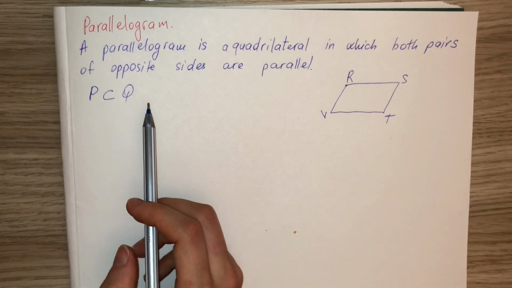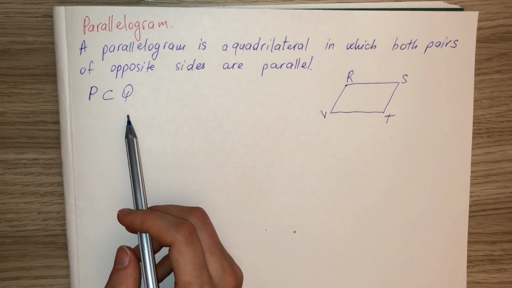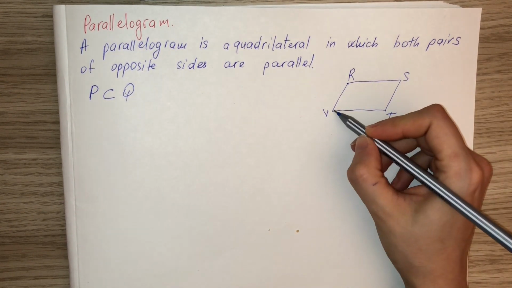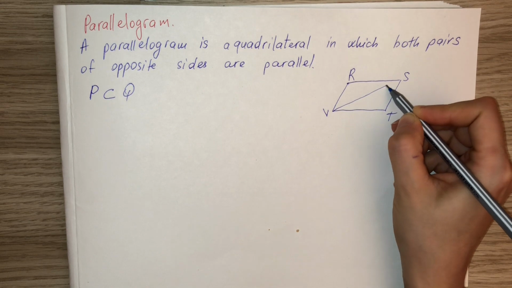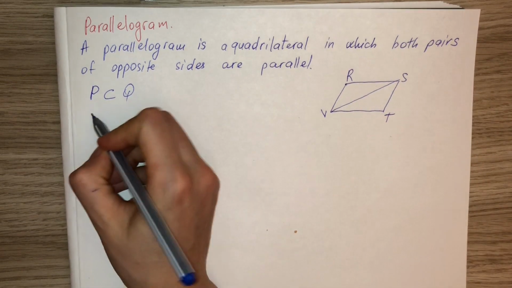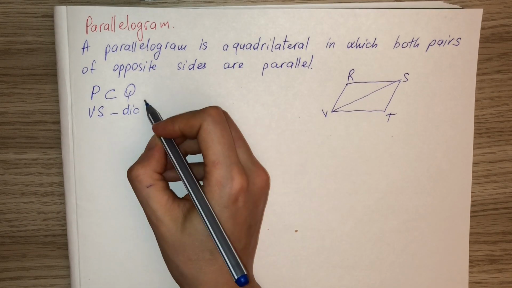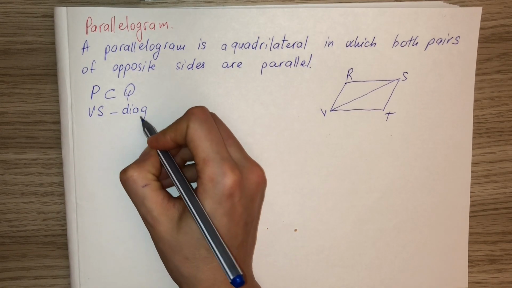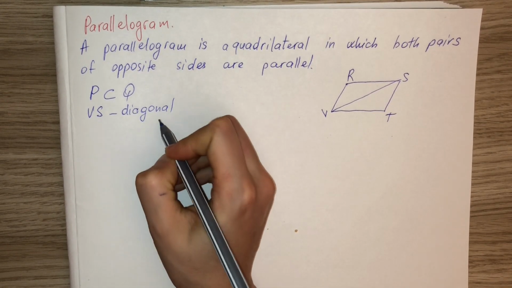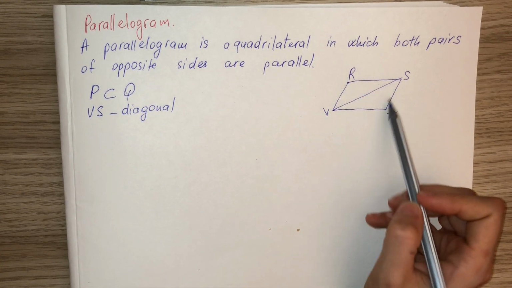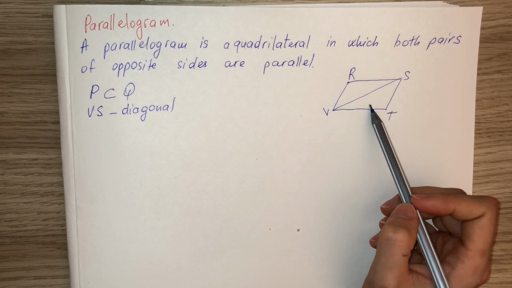So, a diagonal of a parallelogram separates it into two congruent triangles. Let it be a diagonal VS, and it separates this parallelogram into two congruent triangles.